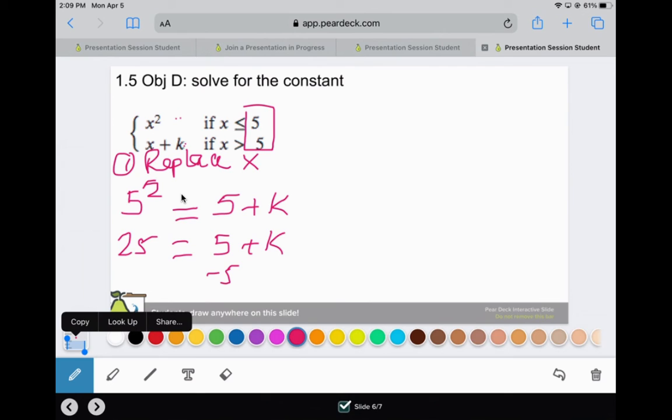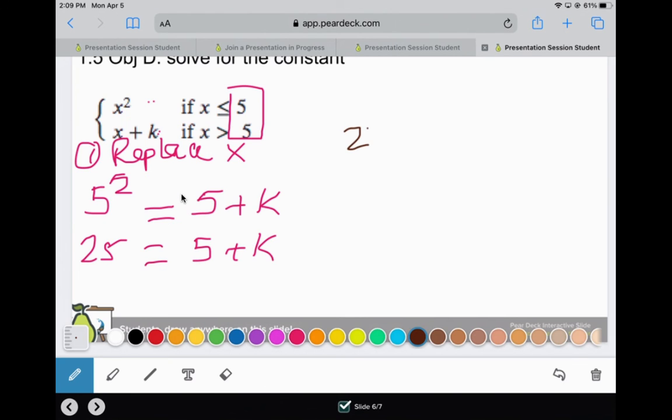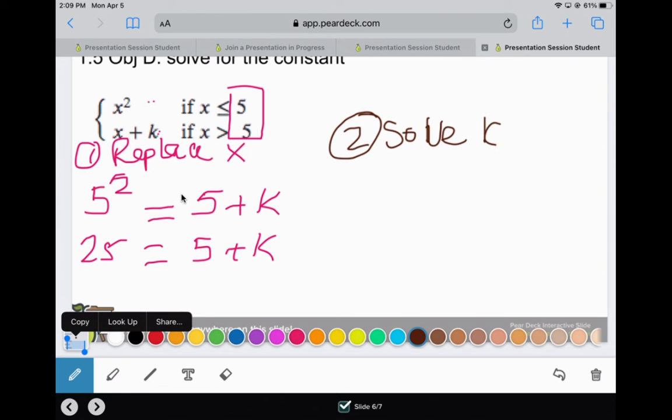To solve for K, then step 2, set them equal and plug in the X. Step 2, we can solve K, right?